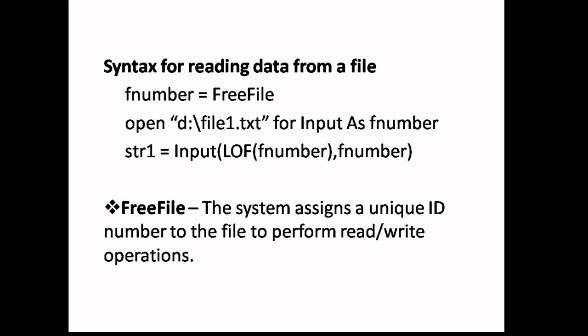It will take the entire set of contents from the particular file. F number represents the file from where the contents are to be read. The file is already uniquely assigned by using the FreeFile method.